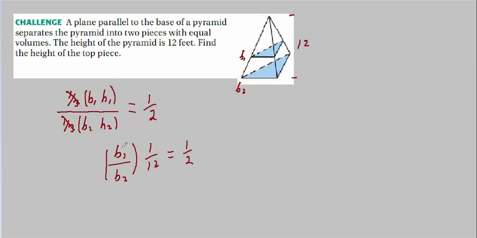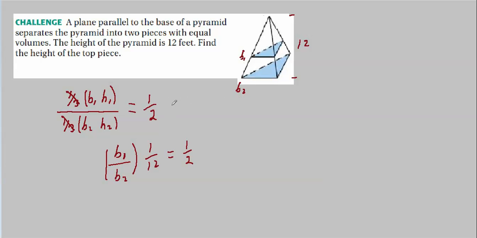But wait a minute. We know what the ratio of b1 to b2 is, don't we? Because we know that this large pyramid has double the volume of the smaller pyramid. So our scale factor for the volumes is 1 to 2. Our scale factor for the bases must be the cube root of that, squared.